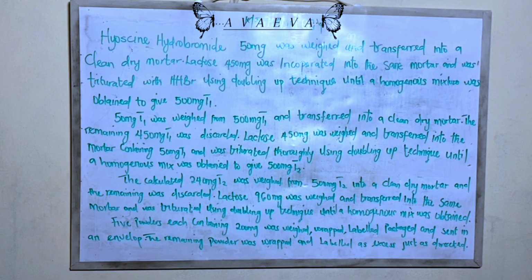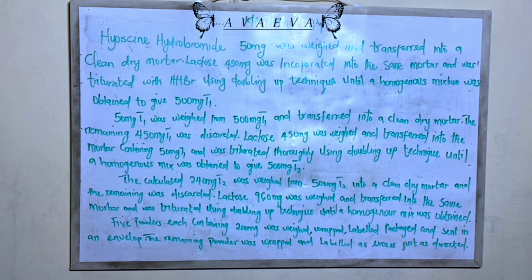Now, the calculated 240 milligrams T2 was weighed from 500 milligrams T2 into a clean dry mortar, and the remaining was discarded. Lactose, 960 milligrams, was weighed and transferred into the same mortar and was triturated using doubling up technique until a homogeneous mix was obtained.